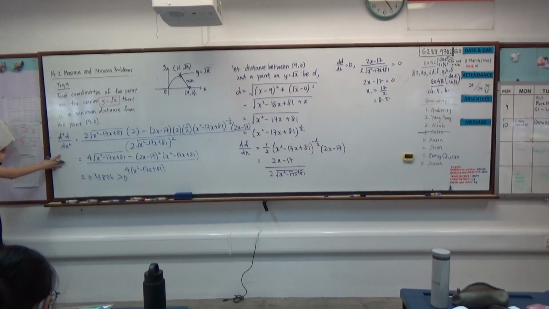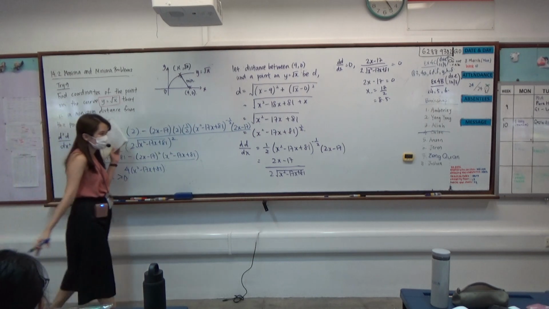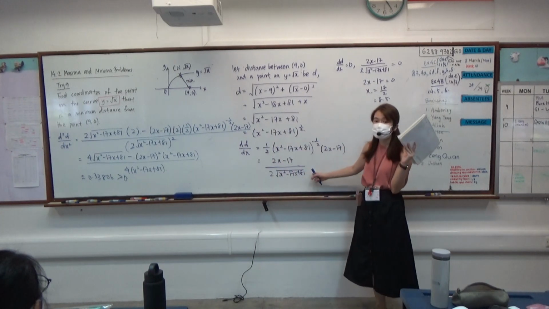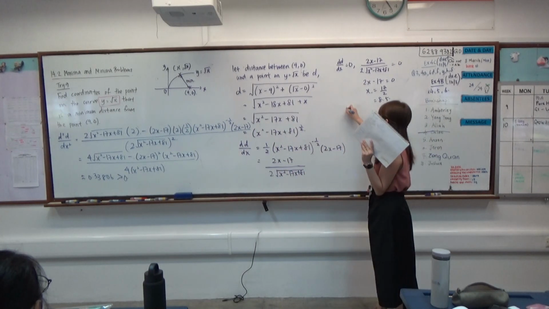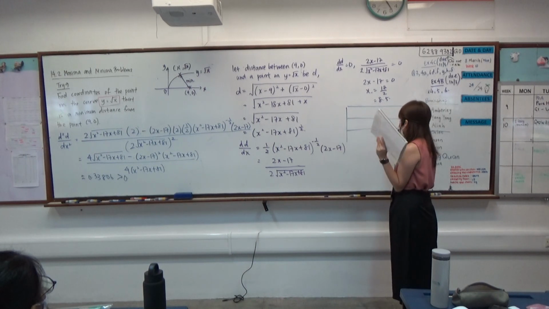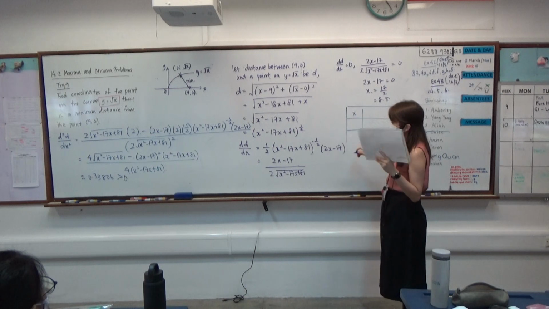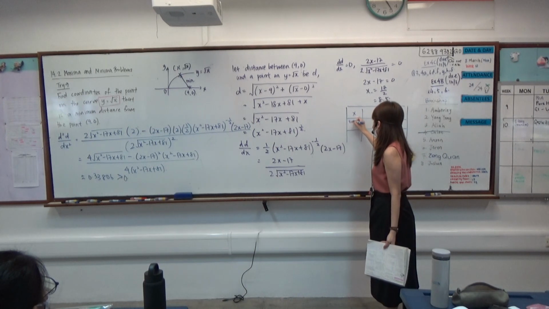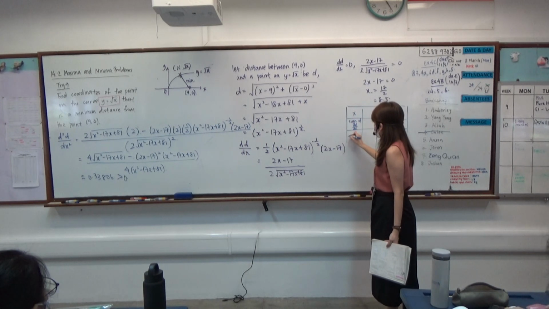If you find that you're very stuck in trying to do the second derivative in this kind of question, then by all means, please do your first derivative test rather than risk errors in your calculations. So x, and then the sign of dD over dx, and your tangent.